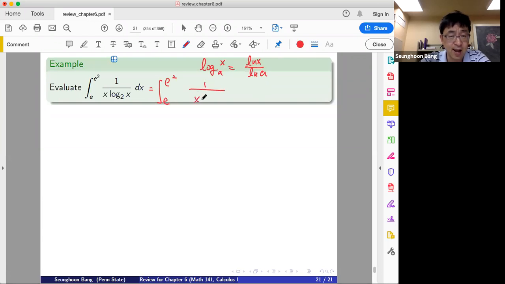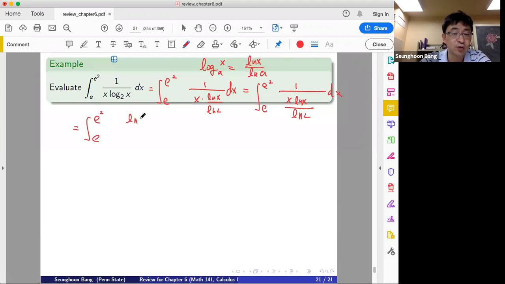We have 1 over x times ln of x over ln of 2 dx, from e to e squared. That is 1 over x times ln of x over ln of 2 dx. ln of 2 is like a coefficient, so take out 1 over ln of 2, leaving the integral from e to e squared of 1 over x times ln of x dx.